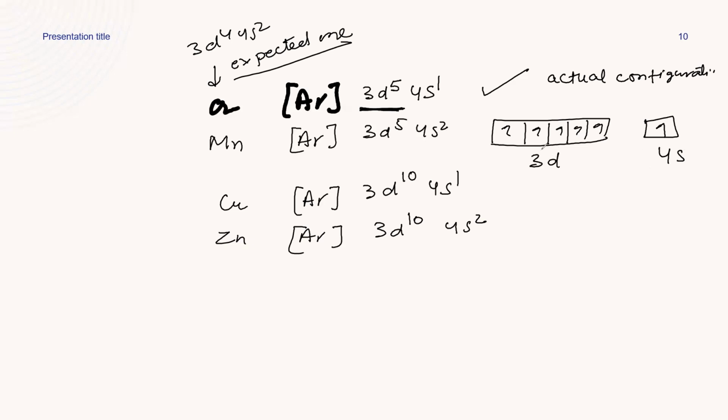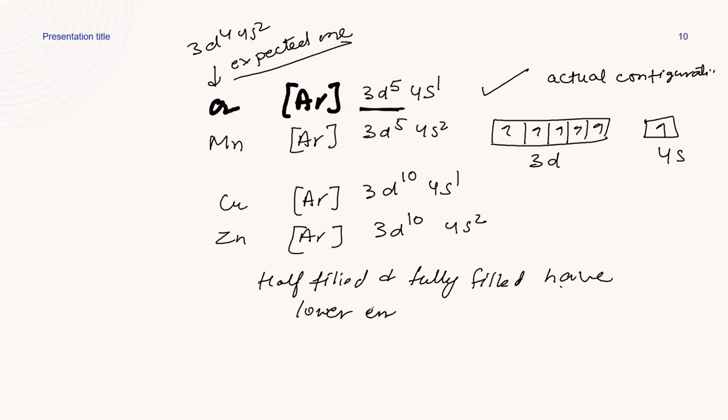And there is a known fact that half-filled and fully filled have lower energy. If energy is less, more stability. They have lower energy and thus more stability. Therefore, to acquire the increased stability, one of the 4s electrons goes to the nearby 3d orbital.